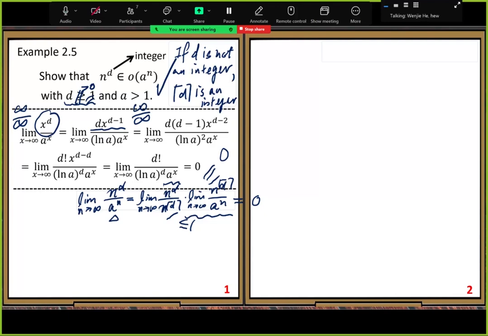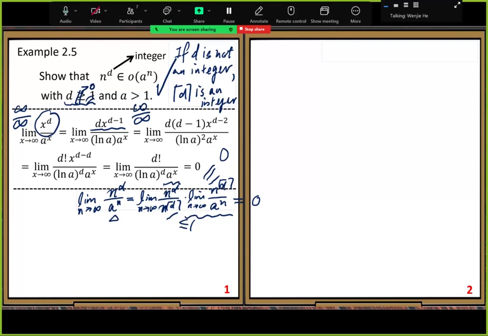We do not require that d be greater than or equal to 1. D greater than 0. Because if d is greater than 0, when d is 1/2, that means the root of n belongs to little o. That's also correct, right? Because sometimes we need to consider the root of n.